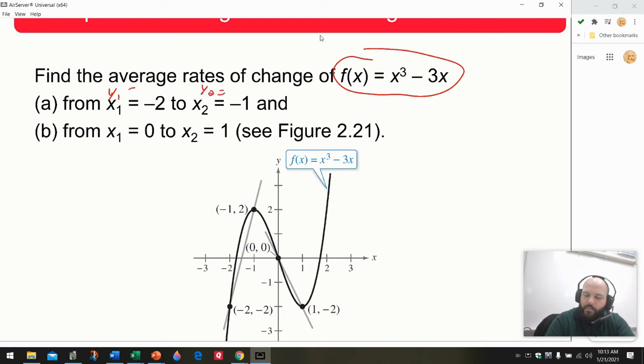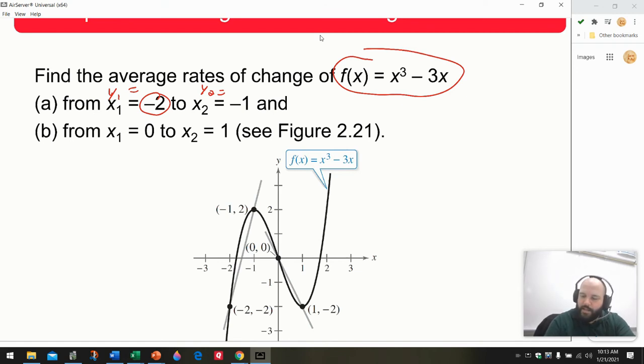Okay, and the way that we would do that is we could do it either by plugging these x values into the function for x right there and there and getting our answer, or we could look at the ordered pairs if they gave you the graph.